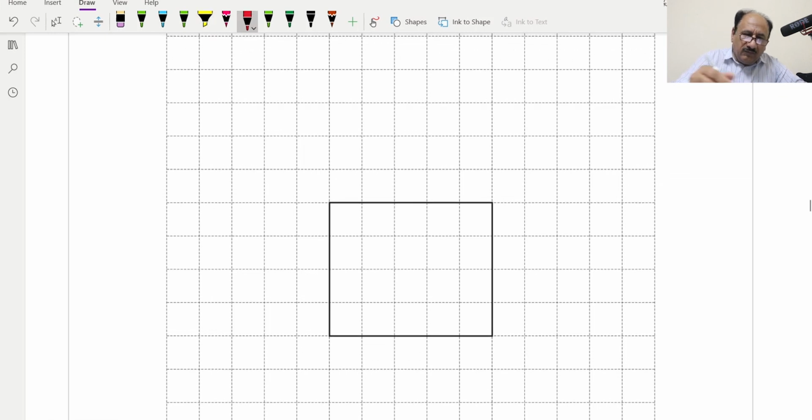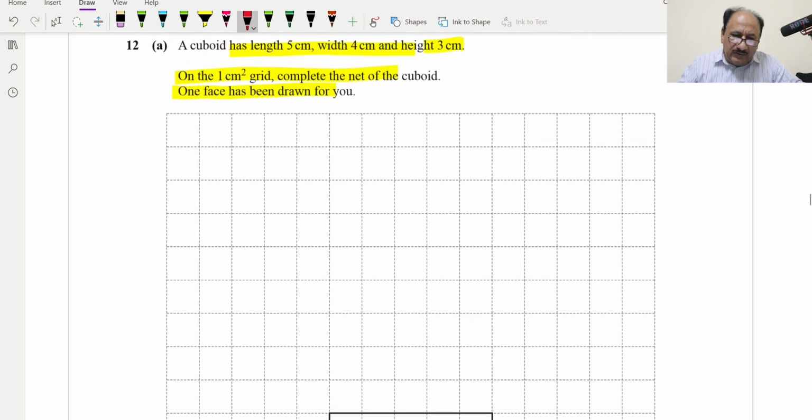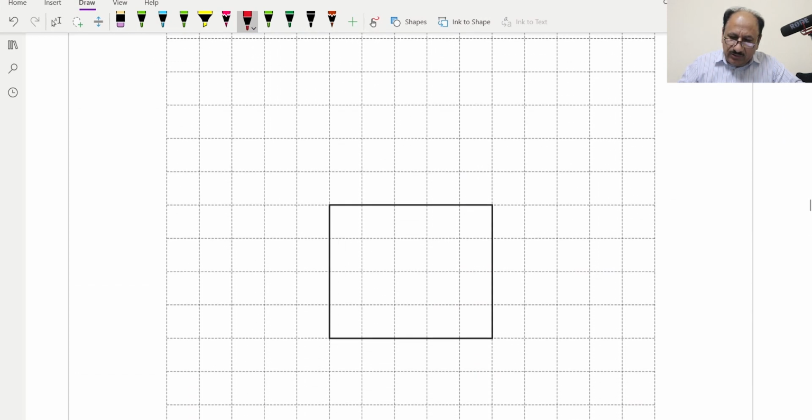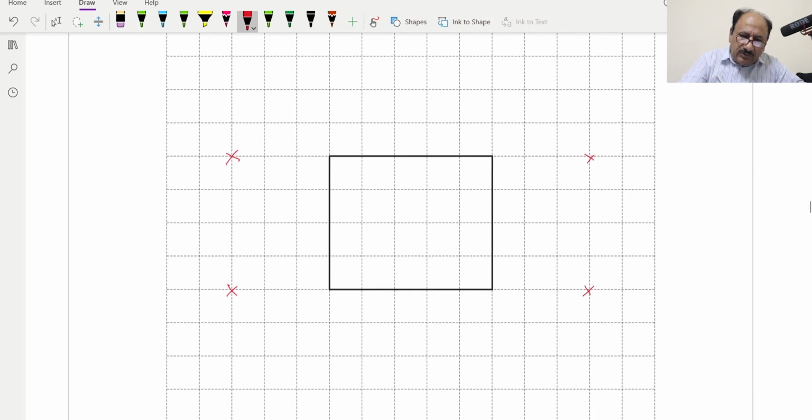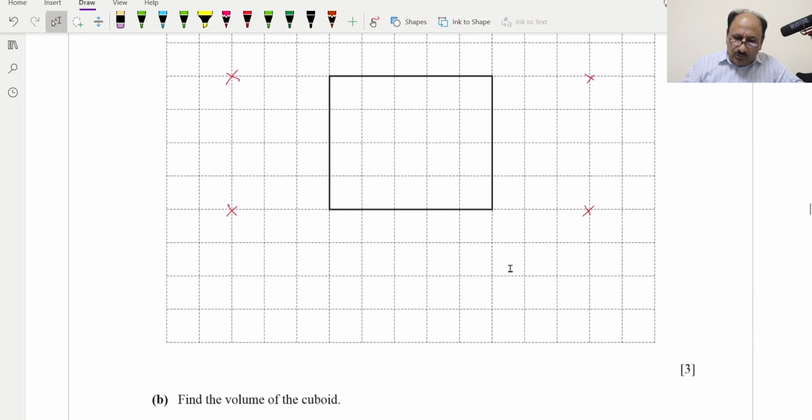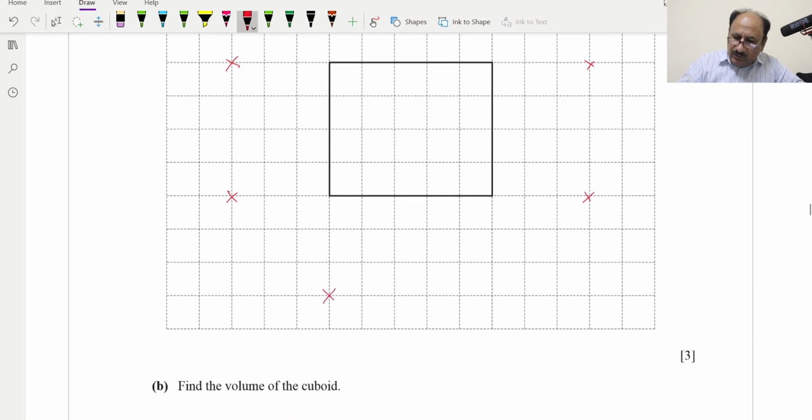So now we will be drawing the other faces, and height is 3 centimeters. So we can take 3 units from this side, 1 2 3, and 3 from this side, basically height will be 3 from this side, and we are marking those positions. Similarly 3 from here.